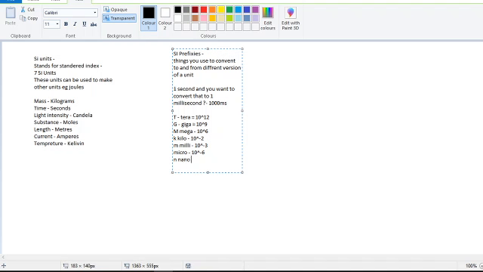N, nano, is 10 to the minus 9. P, pico, is 10 to the minus 12. And F, femto, is 10 to the minus 15. Beautiful. So that is the second set of flashcards, for the SI units and the SI prefixes.